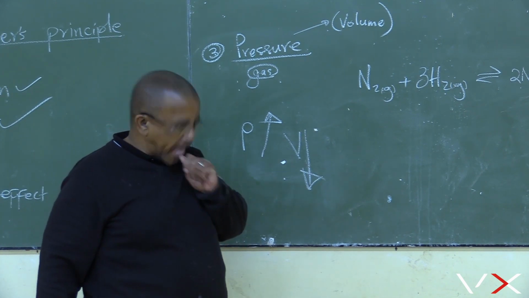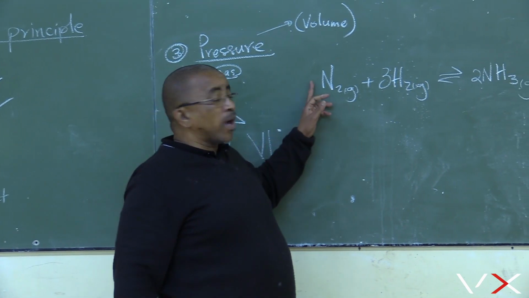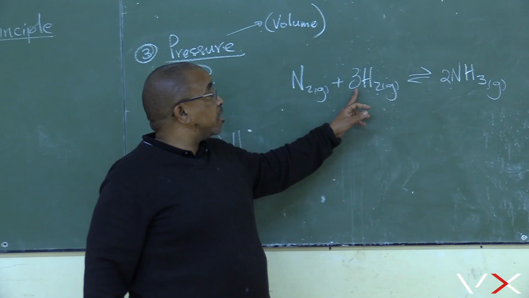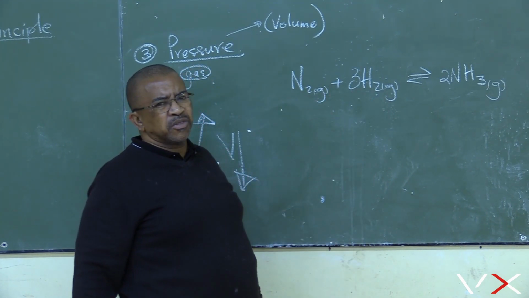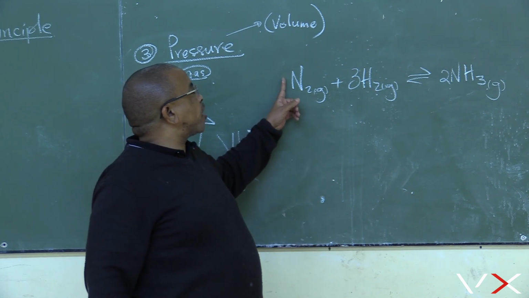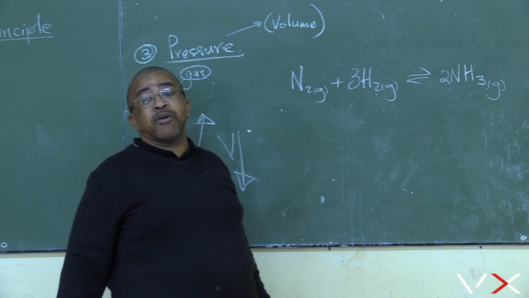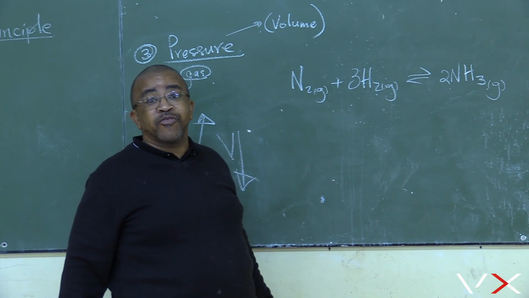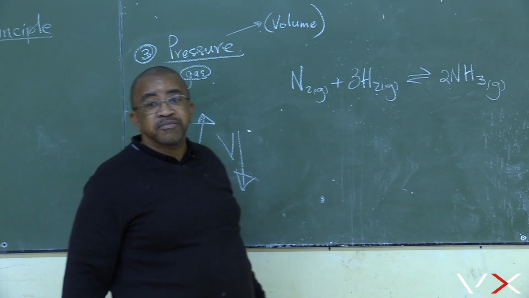Ratio, be careful. I am not saying we contain 1 mole of nitrogen, 3 moles of hydrogen. I'm not saying that. It's ratio. For every nitrogen there are 3 hydrogens. So nitrogen about 5,000, hydrogen about 15,000. 3 times 5, 15.